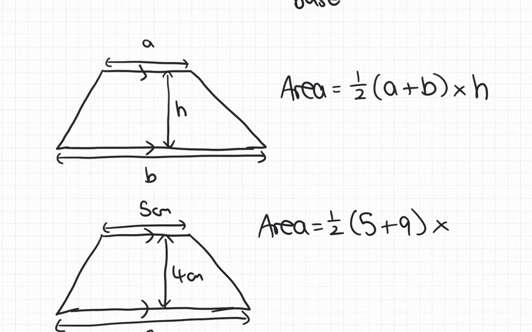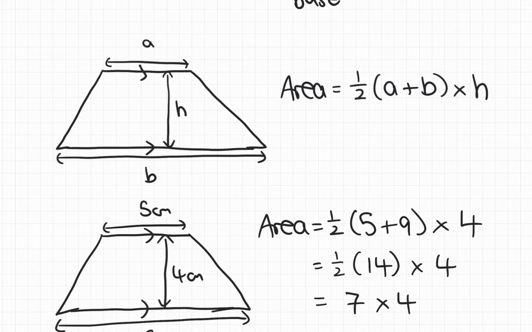I'm timesing by the height, the distance between them, which is 4. So thinking of BODMAS, we do the brackets first, so that's 5 add 9, that's 14. So I've got a half of 14 times 4. A half of 14 is 7, times by 4 is 28 centimetres squared for my area of a trapezium.